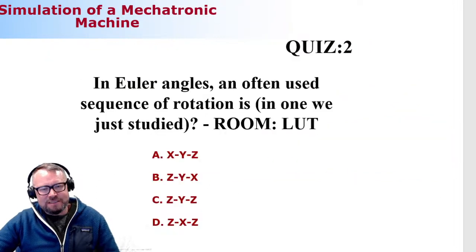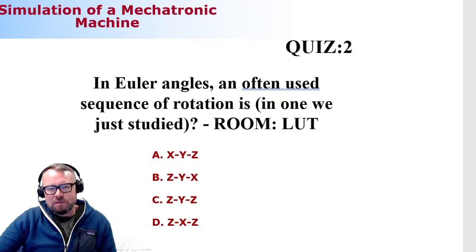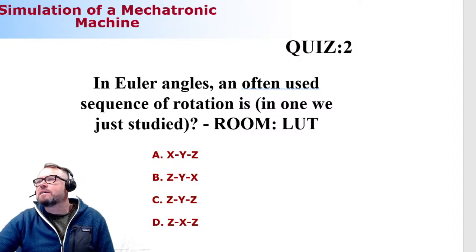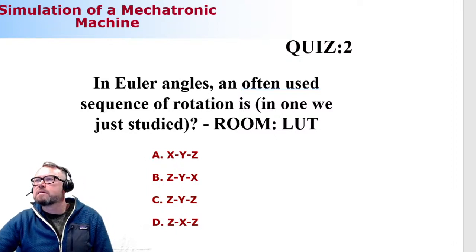Next in-class quiz is this. In Euler angles, an often used sequence of rotation, the one we just looked at, is: x, y, z; z, y, x; z, y, z; or z, x, z. And you're good to go.